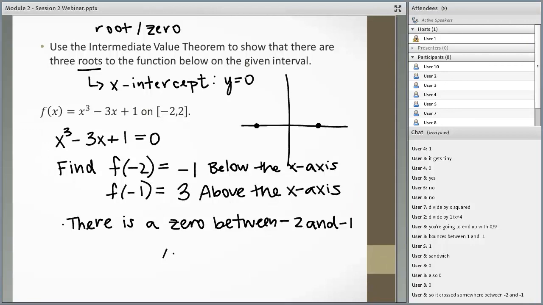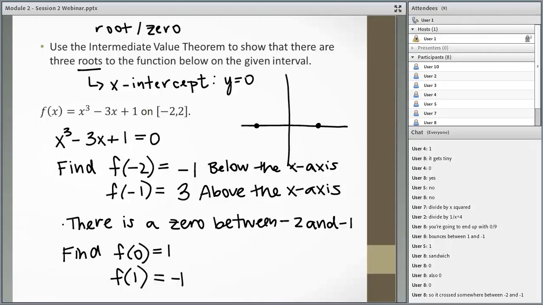So we can do the same thing with the other values. I can keep going along the interval, f of 0. When I plug 0 in for x, I get 1. And when I plug 1 in for x, I get -1.